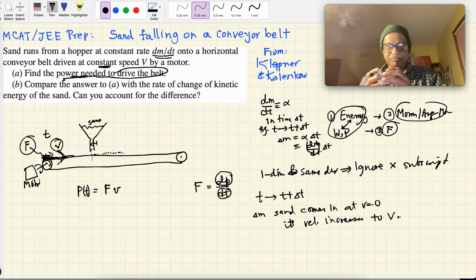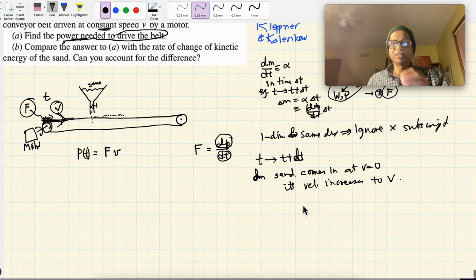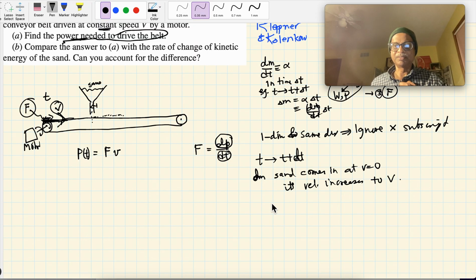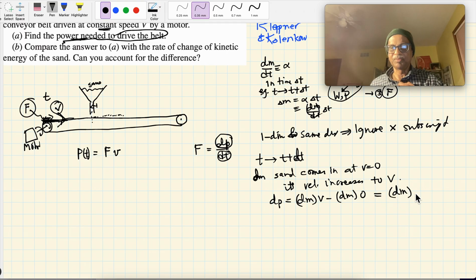So the rate at which momentum is changing, which this F must be responsible for: dp will just be the amount of mass times v minus the same amount of mass times 0, so dm times v.